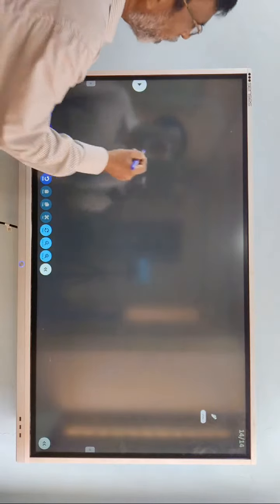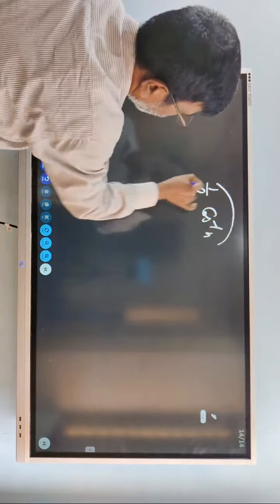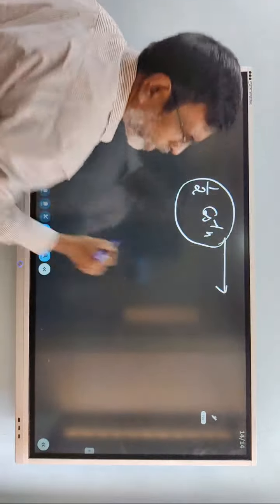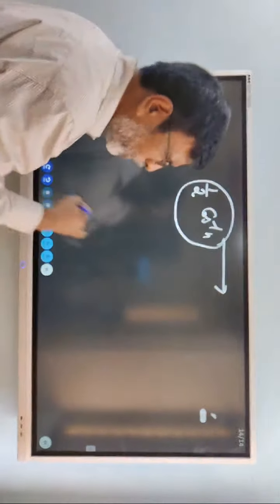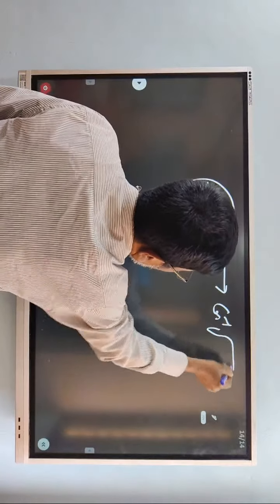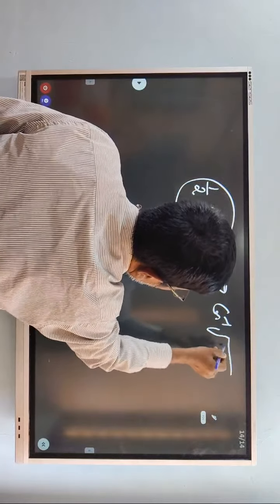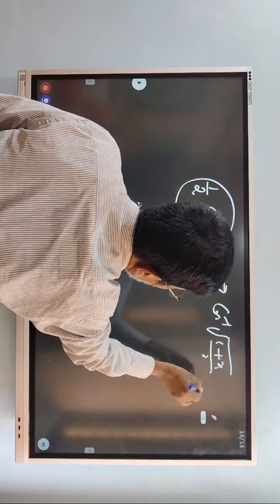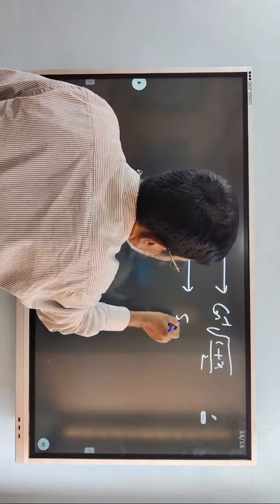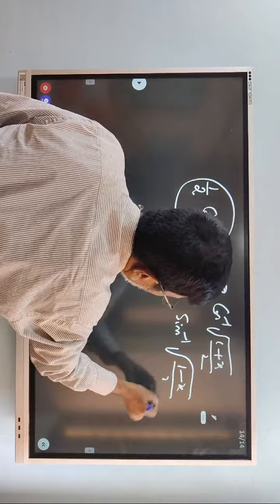Now, what are the advantages? Suppose half cos inverse x is given. This is the most advantageous while solving problems. Let me explain these formulas first. For cos inverse, it is nothing but cos inverse of root of 1 plus x by 2. Given sine inverse, it is nothing but root of 1 minus x by 2.